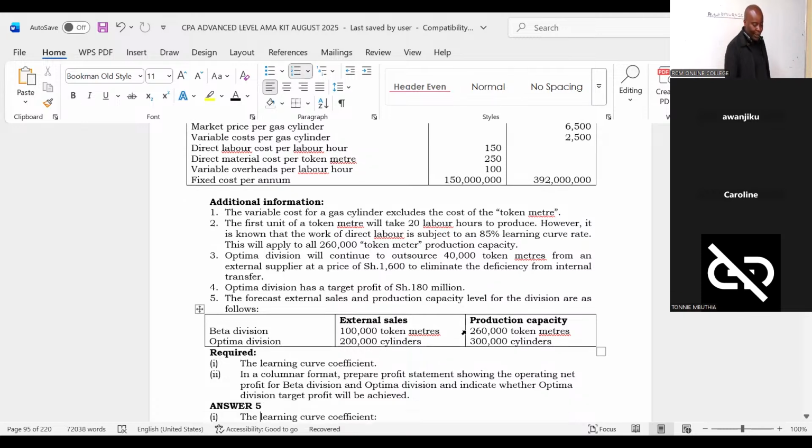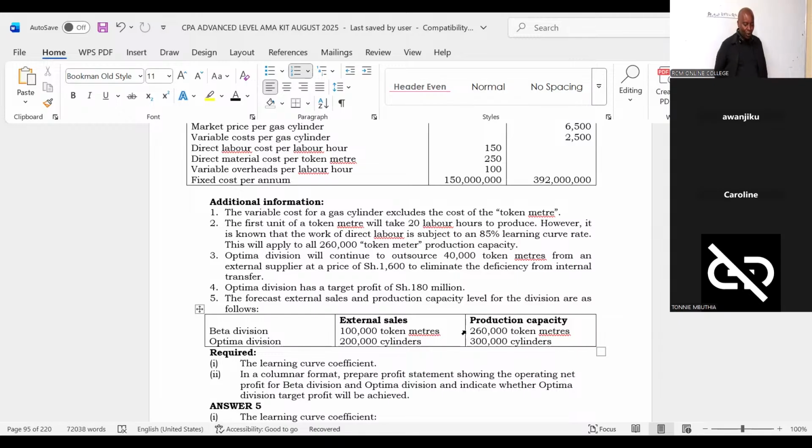You can see Beta Division external sales, 100,000 token meters, Optima, 200,000 cylinders. Production capacity, you can see there, Beta has 260,000 token meters, 300,000 cylinders.